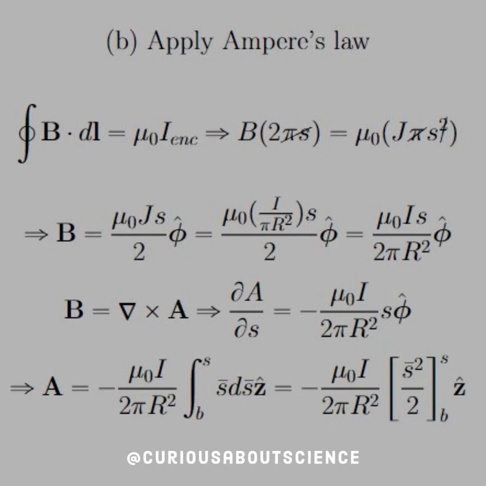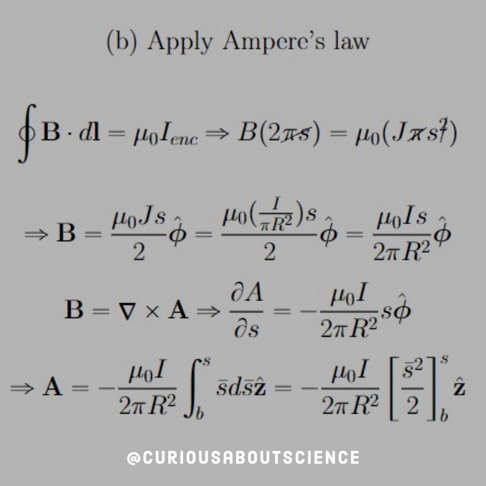So again, for part B, since we have a little difference in our current distribution, we know from Ampere's law that we can get mu naught I enclosed. We see that B times 2 pi s is equal to mu naught J pi s squared, because the wire has a cross-sectional area of a circle, and the current density has to flow through it.